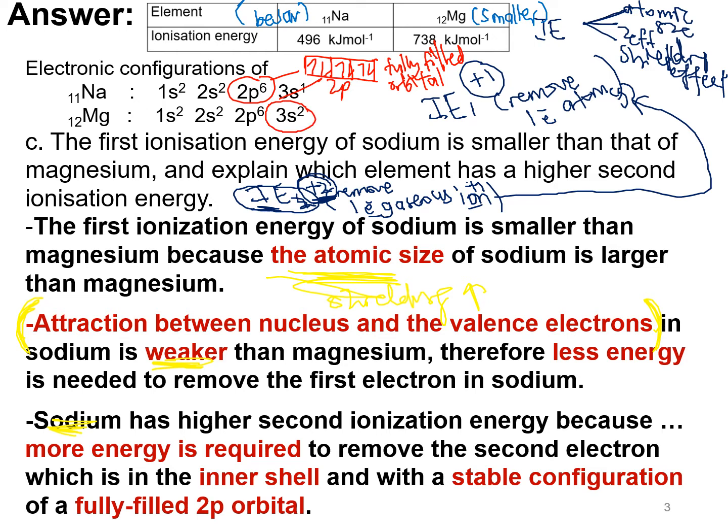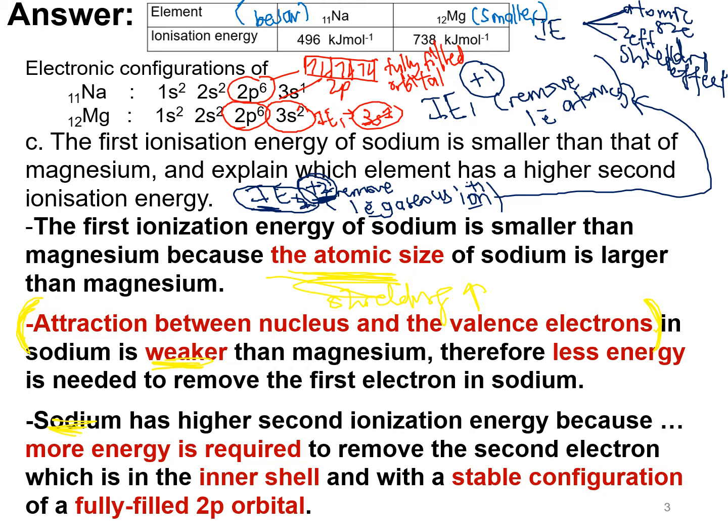So for the first ionization energy, I will remove an electron from this 3s2, remove just one electron, so I will get 3s1. Okay. So, there is no problem if I want to remove this 3s1, because I will get a more stable electronic configuration of 2p6. So, it is not a problem if I want to remove the electron in 3s1.